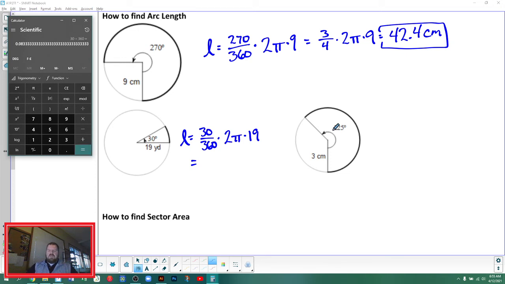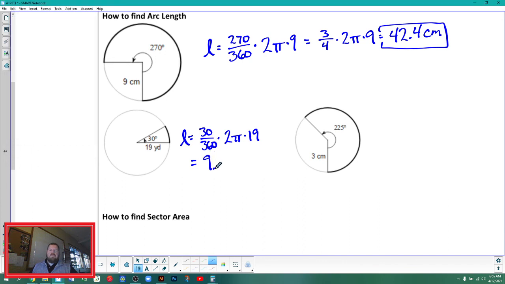Okay, pretty small portion. Times 2 times pi times the radius. And call it 9.9. So you can see, once you get the formula, it's not too bad. Put it into the calculator. Make it do the work for you.